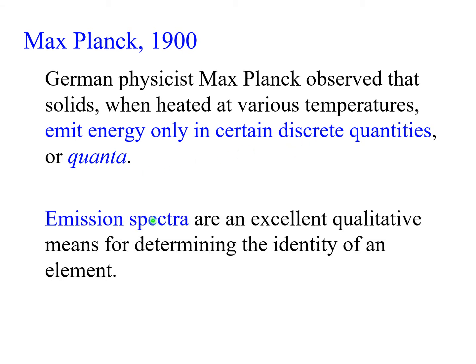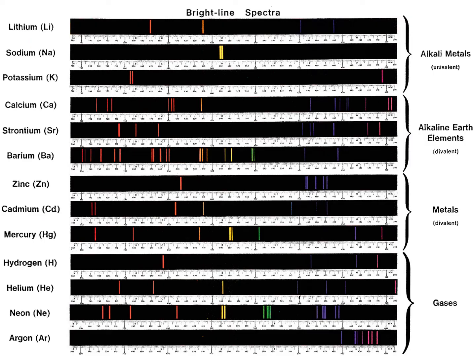And so the emission spectra are excellent qualitative means for determining the identity of an element. And you might want to remember that emission spectra were the first evidence, though they didn't know it at the time, of quantized emissions of a photon, and also of the structure of the atom at the atomic level.